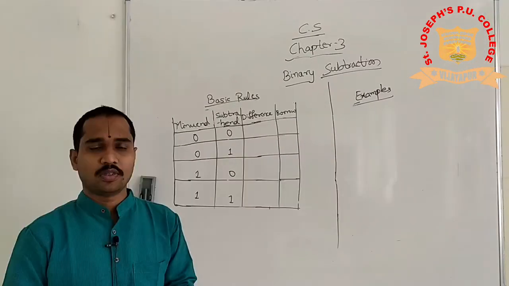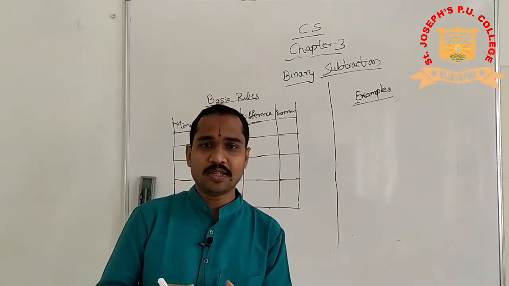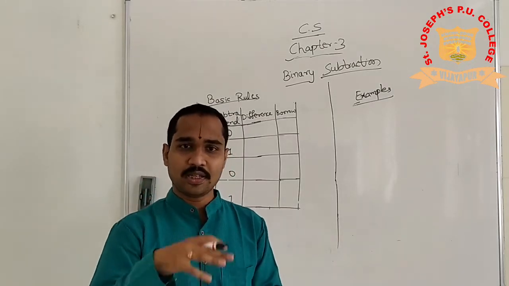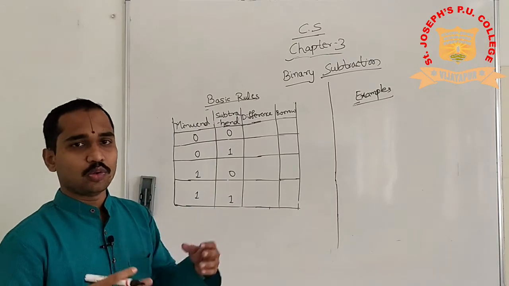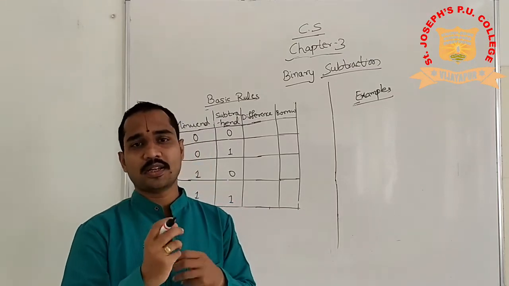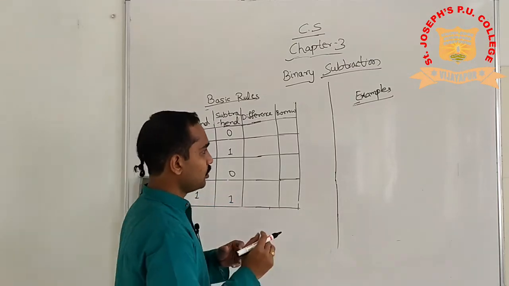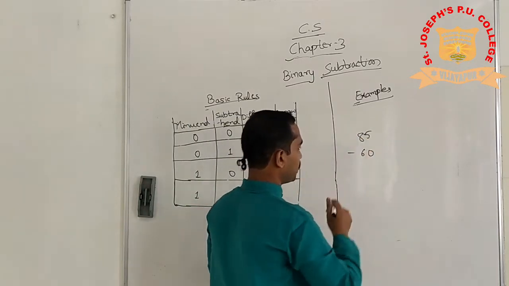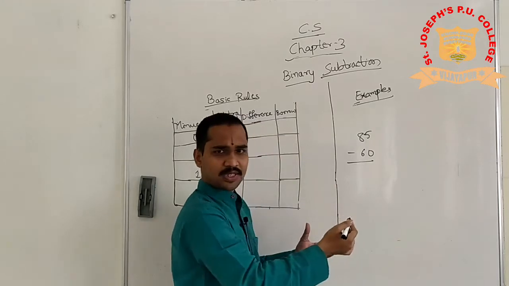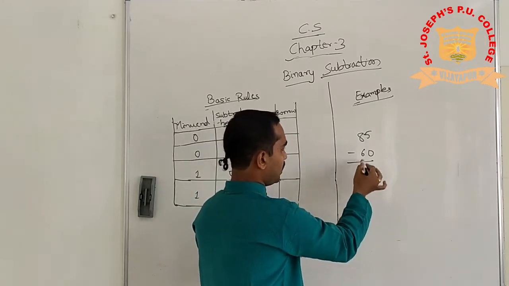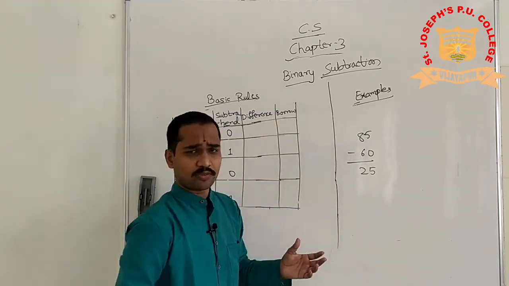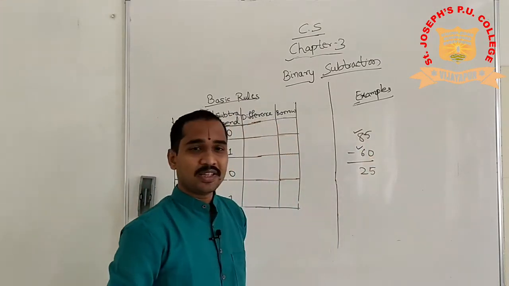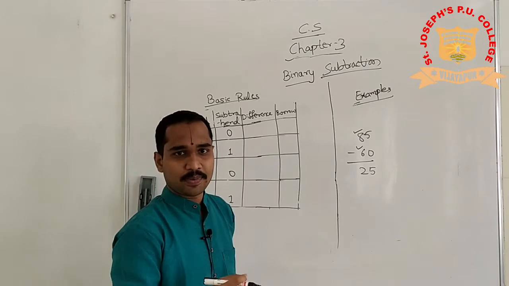Now, having learnt binary addition, let us go to the next step, that is binary subtraction. Two binary numbers are given, you are subtracting one from the other. Now when you say 85 minus 60, you do the normal subtraction like 5 and 8 minus 6, 2. Fine. Now what are these two numbers called in your basic maths?